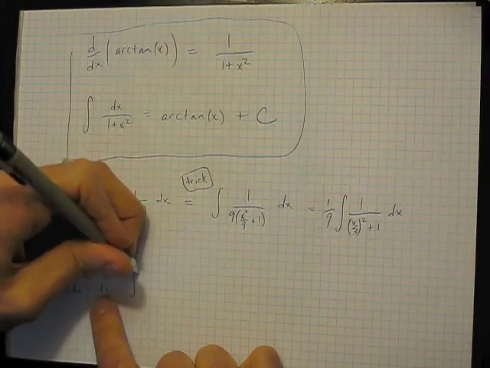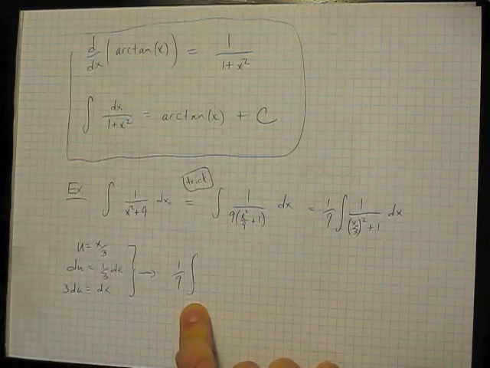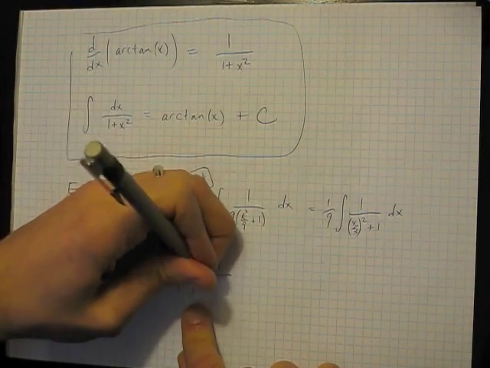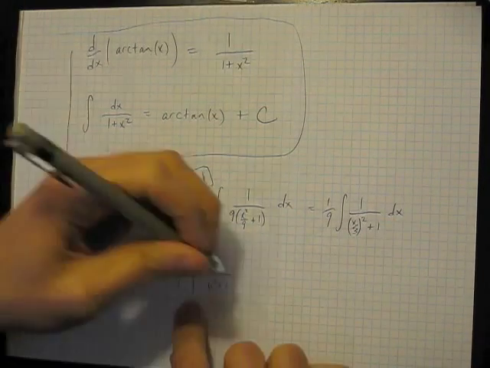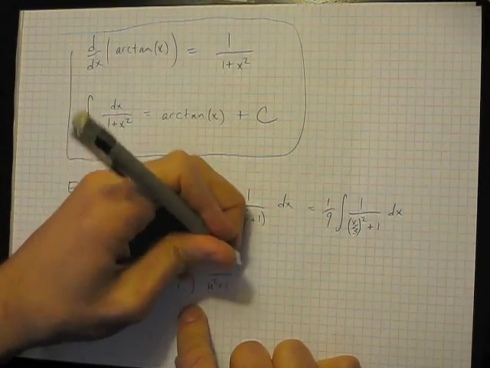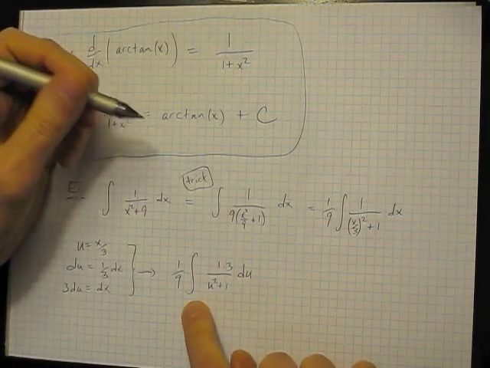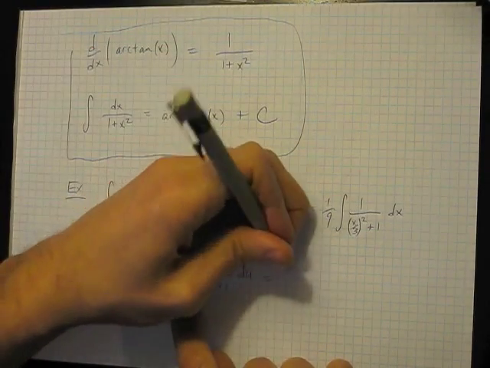Okay, so let's rewrite this integral then. We get 1/9 on the outside, 1 over u squared plus 1, and then everywhere we see dx we write 3 du. Looks silly, but that's just a 3, so it cancels with one copy of the 3 there.